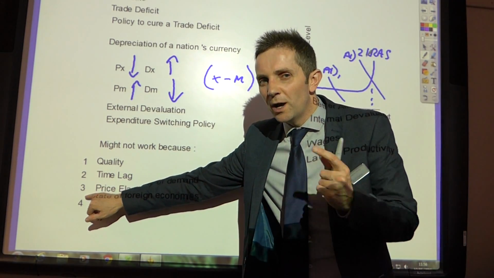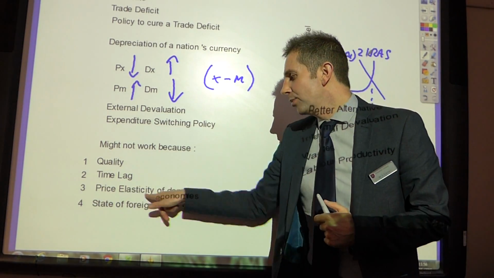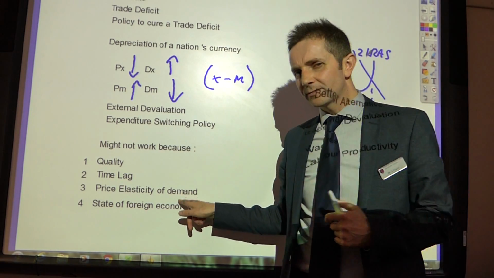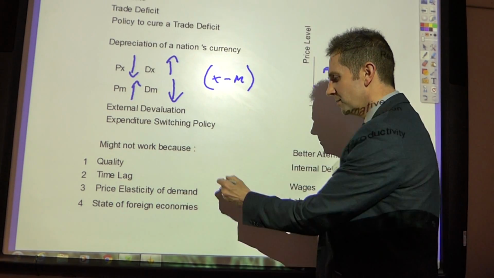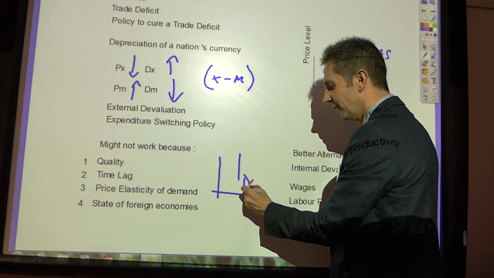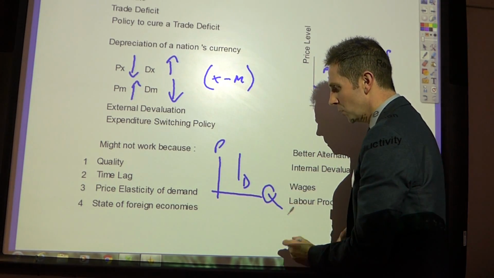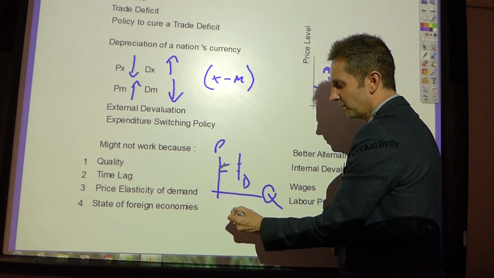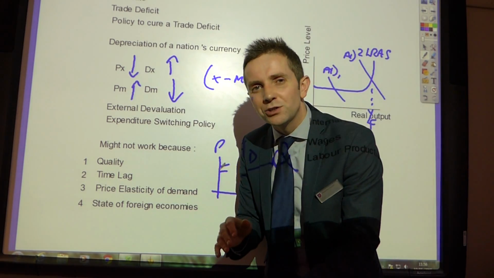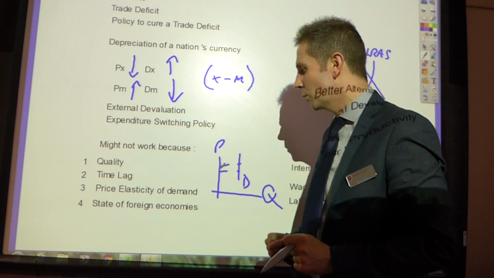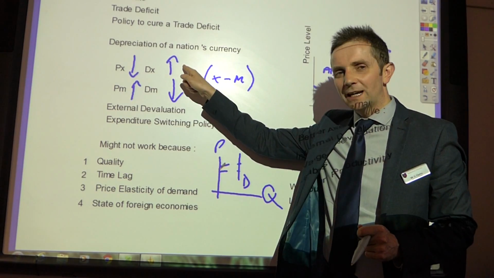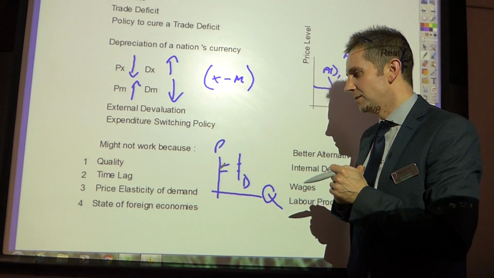Thirdly, a very important one, I would always try and get this one in: price elasticity of demand. If the price elasticity of demand, let's say for your export, is very inelastic, then if you reduce the price, even by a large amount, you'll only get a tiny change in the quantity. So you might not get a sufficient increase in quantity demanded.